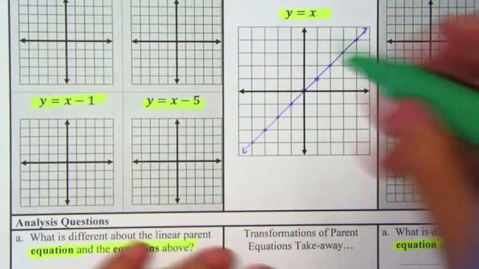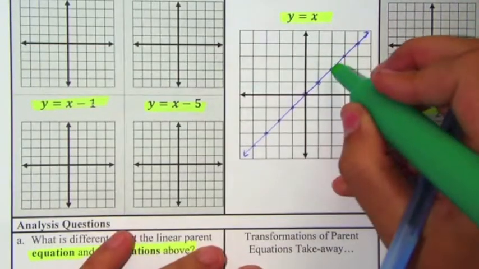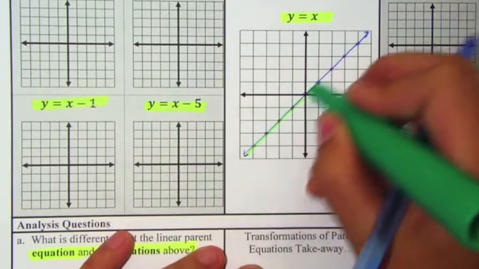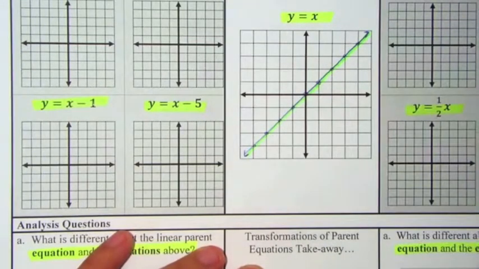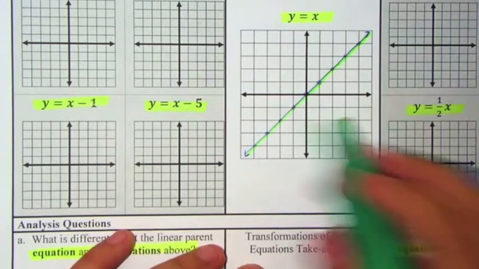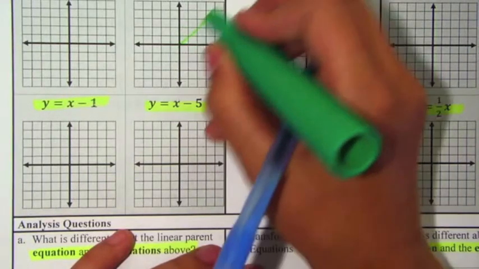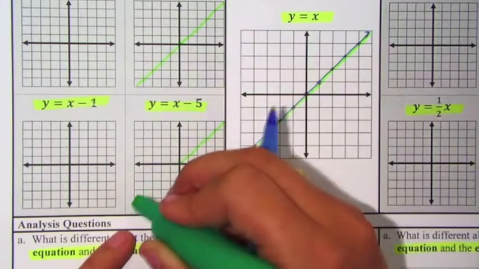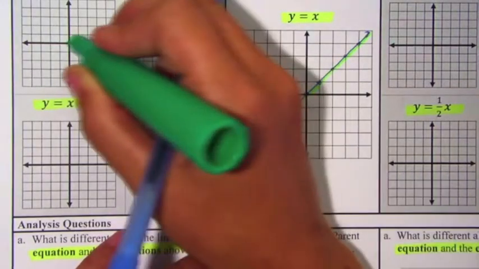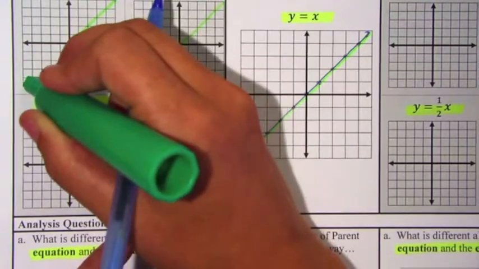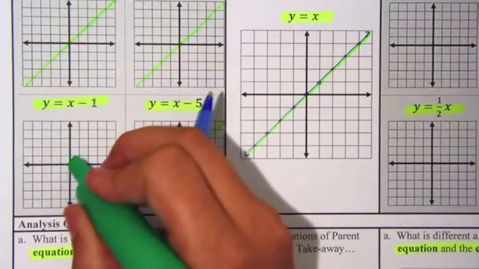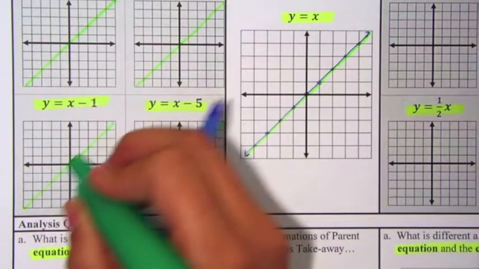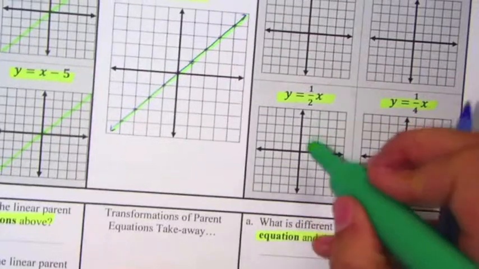It goes through 0,0, 1,1, 2,2, 3,3, 4,4, right? And so what I'm going to quickly do is draw this same parent function on all of these graphs very lightly so that I can continue to ask myself, how is the new equation that I'm graphing different from the parent function, so that I can think about how that specific number changes it.